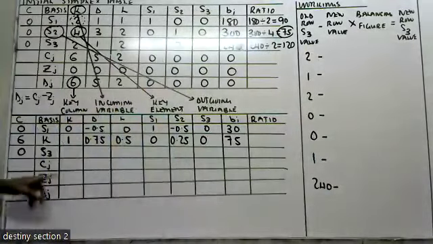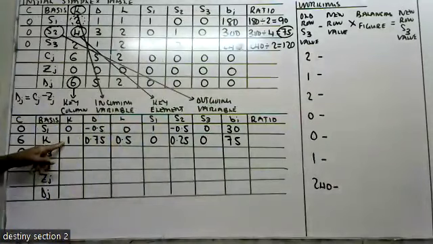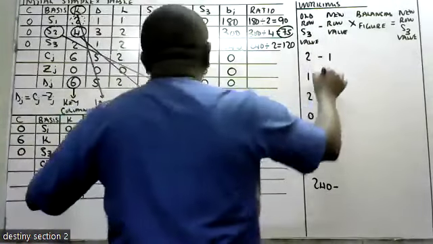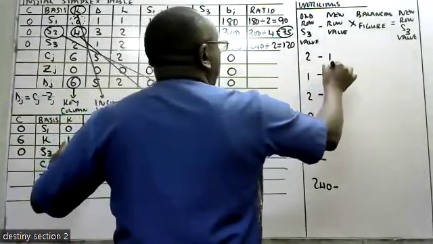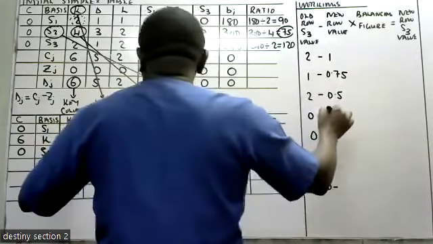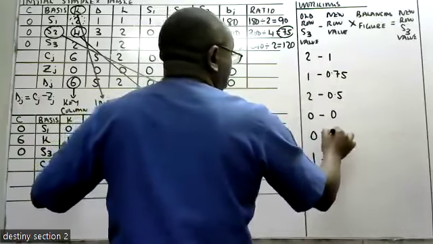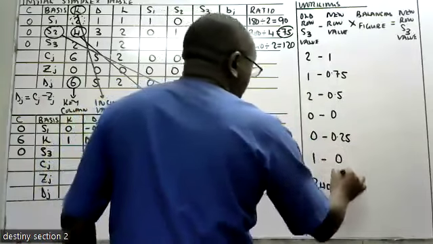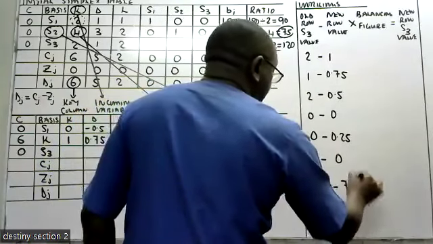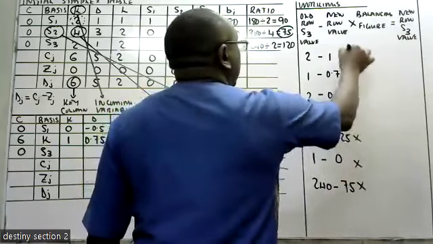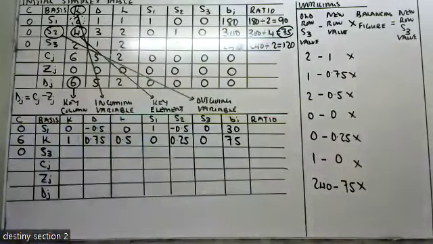Minus, you bring this new row, they remain just like we had in the other working. So it's going to be 1, 0.75, 0.5, 0, 0.25, 0, and 75, then you say times.